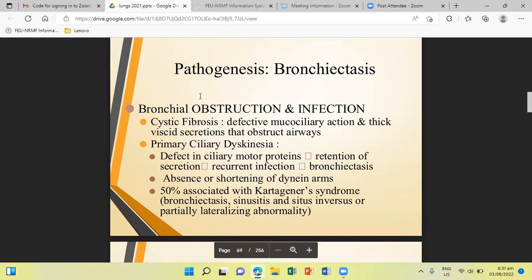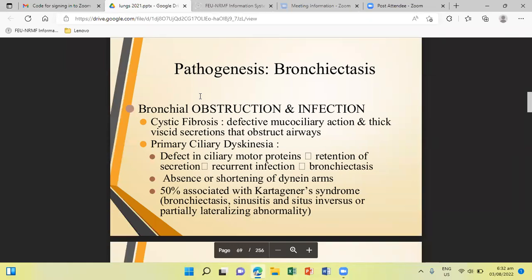When you have bronchial obstruction, the normal clearing mechanisms are impaired. And when this happens, it results in pooling of secretions distal to the obstruction with secondary infection and inflammation. The severe infection of the bronchi will lead to inflammation, often accompanied with necrosis, fibrosis, and eventual dilatation of the airways.